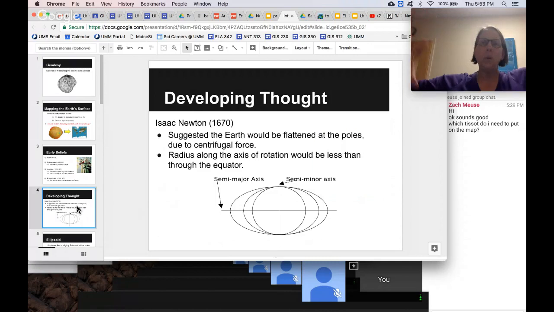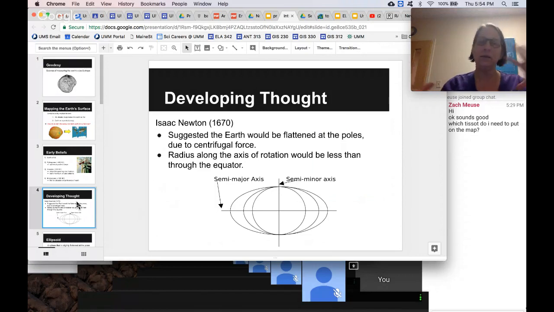And then the water and the atmosphere are all subject to a variety of forces. One of those forces is the flinging out force of the rotation of the Earth, and Isaac Newton figured that out. And so he rightly surmised, and this is true, that the Earth's axis from north to south is shorter than it is from east to west across the equator.